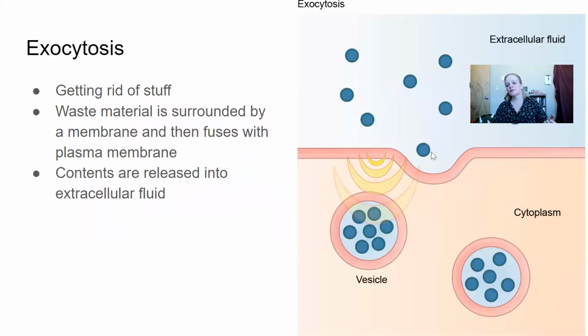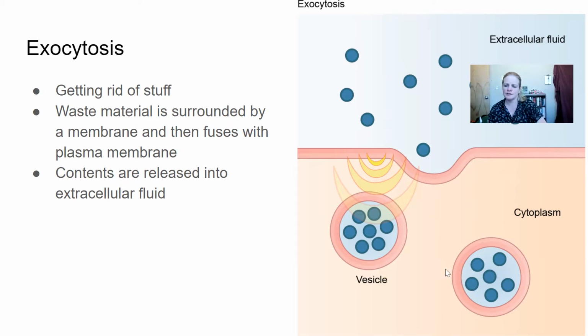And then exocytosis is the last form of active transport that we're going to talk about. This is basically taking out the trash, getting rid of stuff that we don't want. Maybe after the lysosome lysed whatever it needed to lyse, now we have to take all that stuff out and get rid of it.